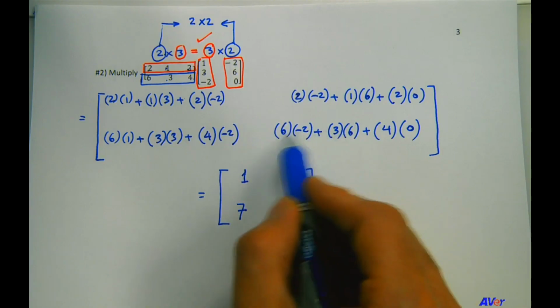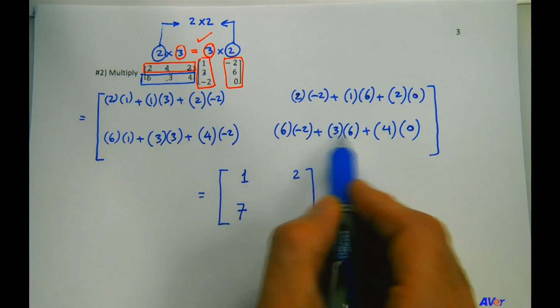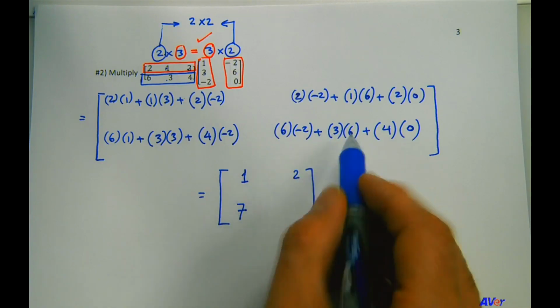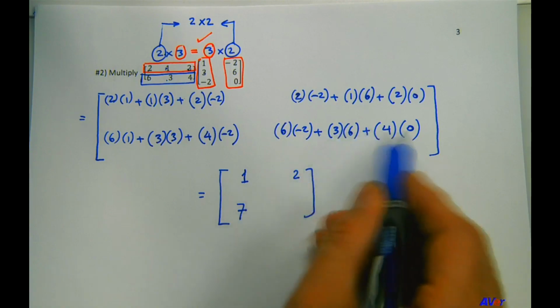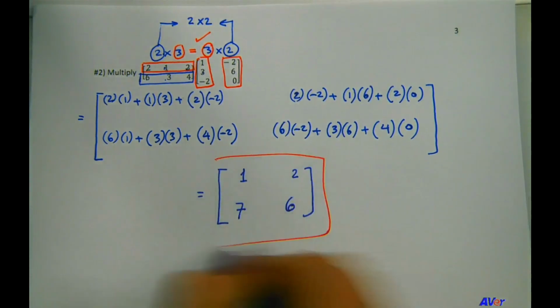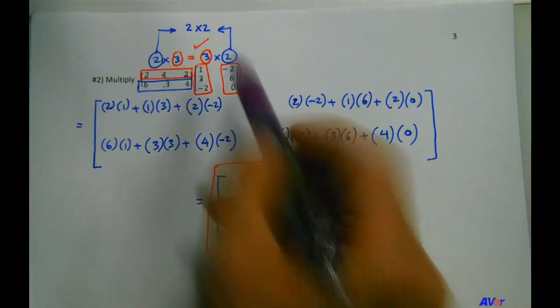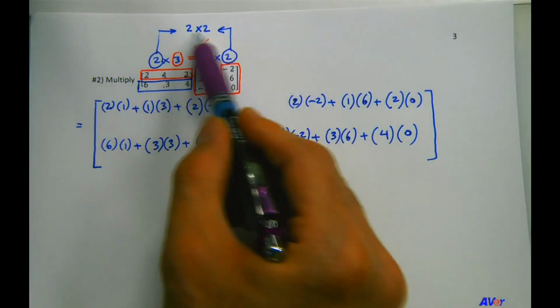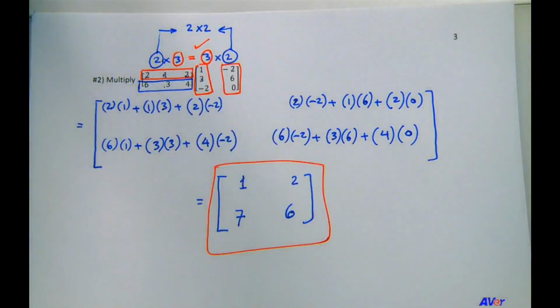So minus 12 plus positive 18. Right? That's positive 6. Positive 6 plus 0 is just 6. Okay? All right. So, which is the 2 by 2 matrix that we anticipated, right?